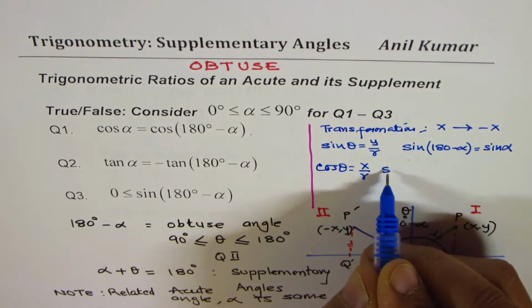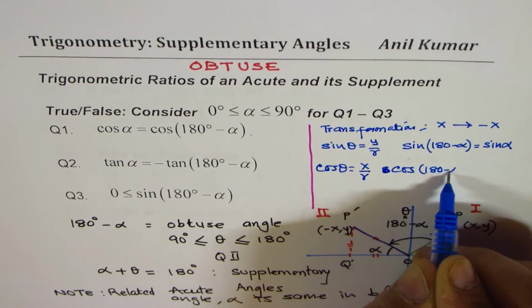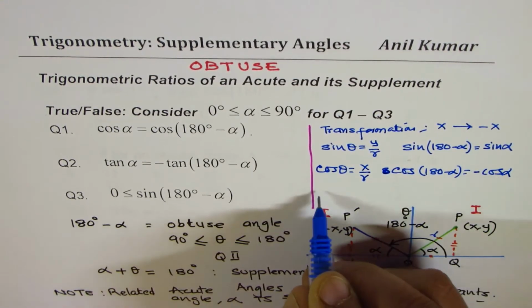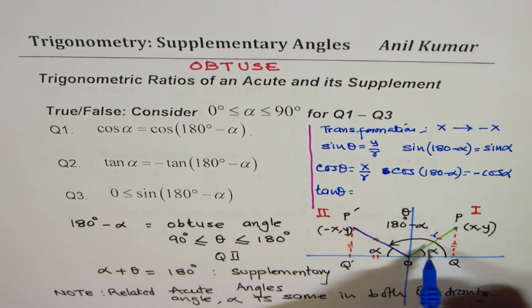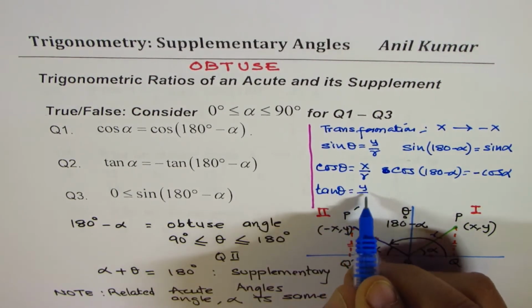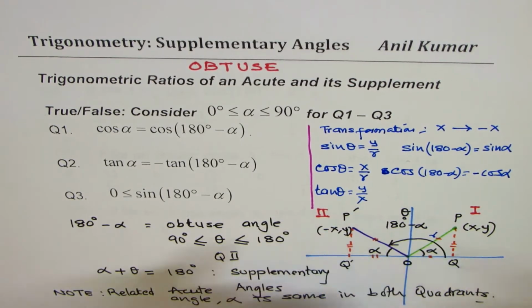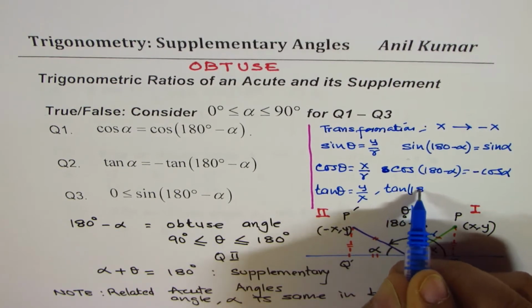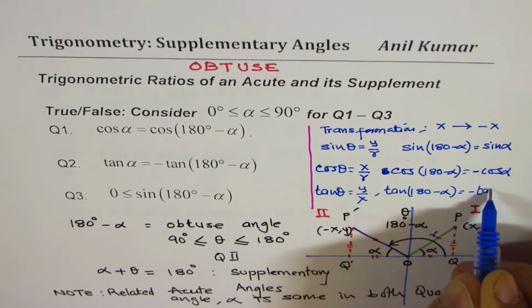So in this case, cos 180 minus alpha will be equal to minus cos alpha, right? And similarly, tan theta, which is y over x. Now x is in the denominator. X becomes negative. Therefore, tan 180 minus alpha is going to be minus tan alpha.